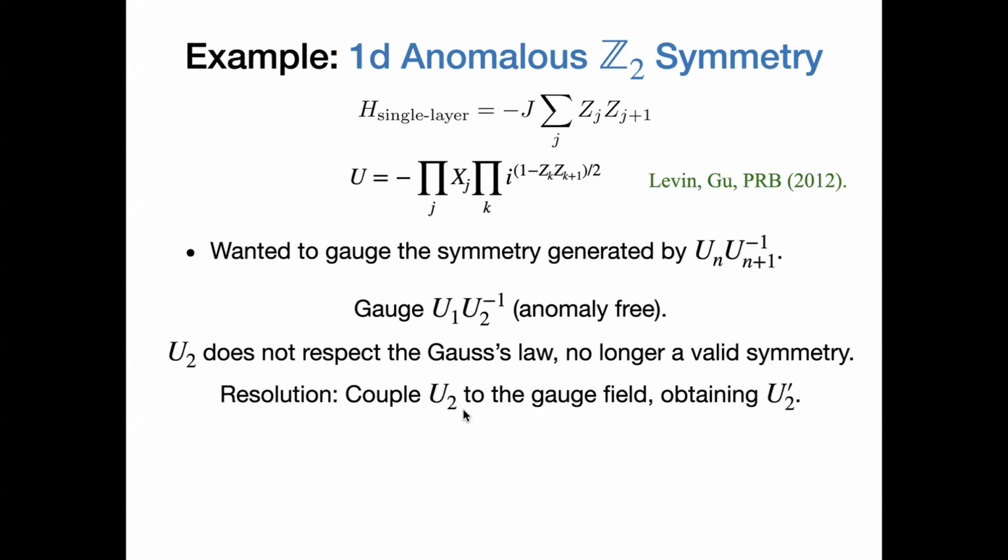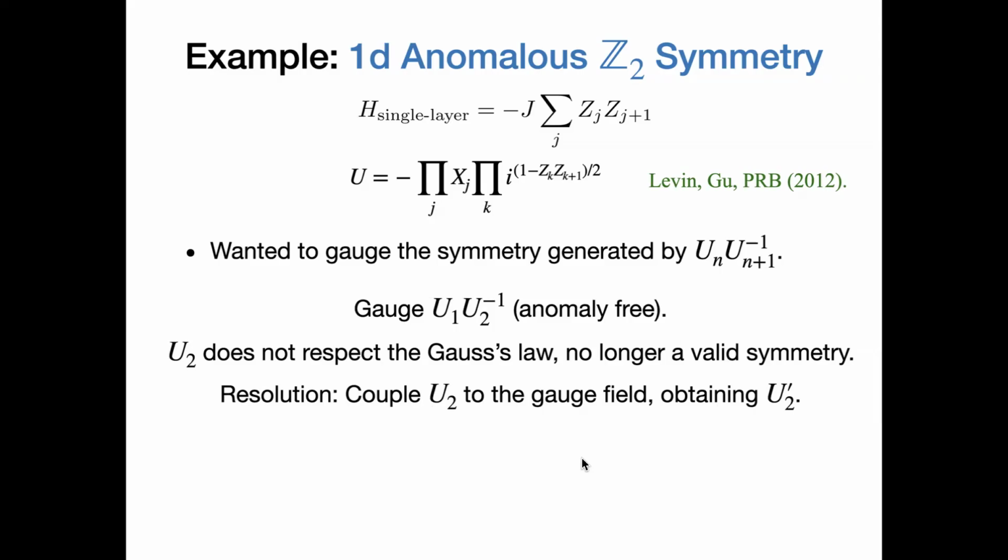Although there's some subtlety here, because U2 is a non-local operator, there isn't a unique way of coupling U2 to the gauge field in order to commute with the Gauss's law. But at least in this example, I checked that there are two different ways of doing this, and they lead to equivalent bulk topological order.